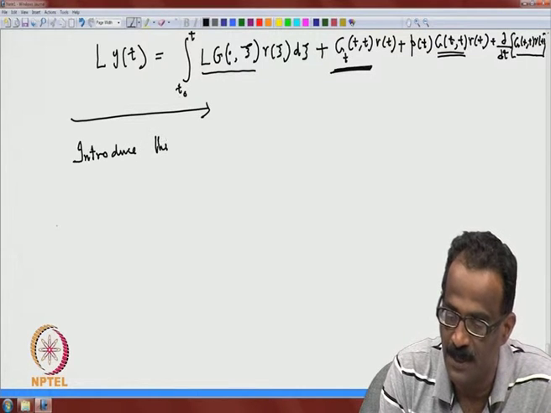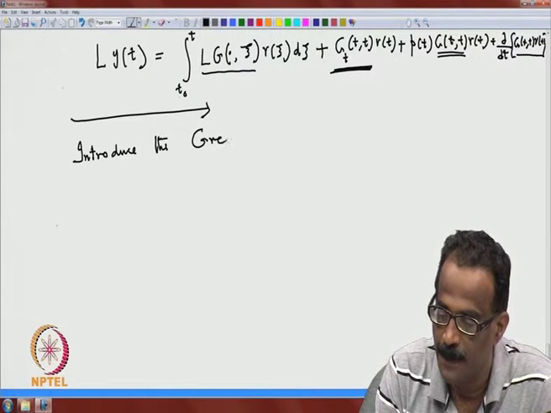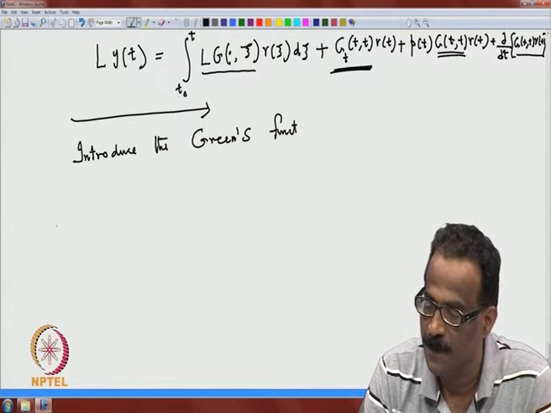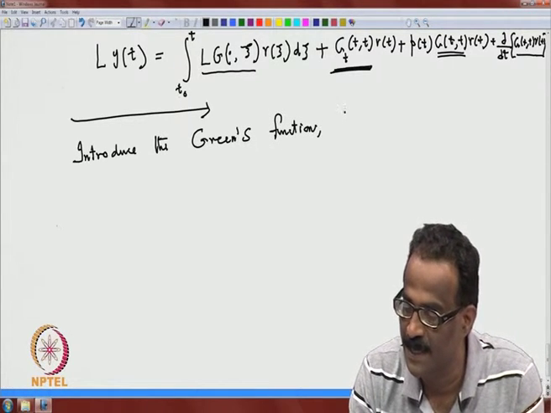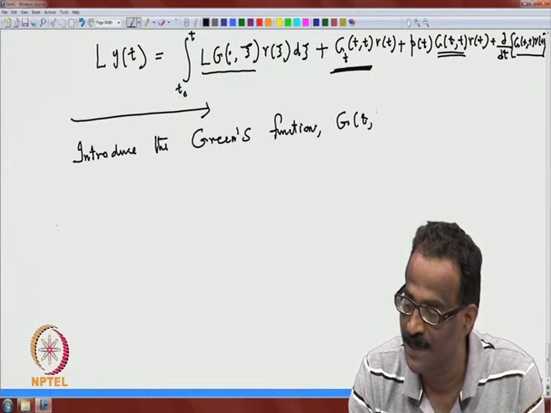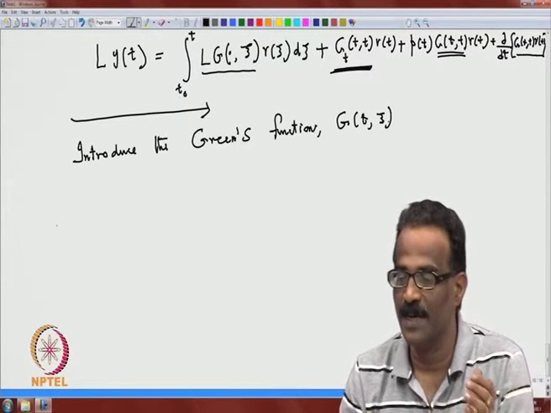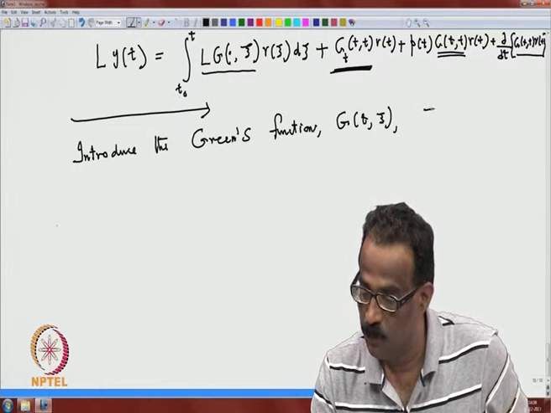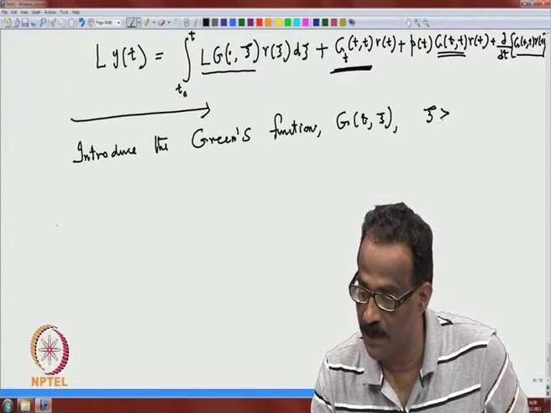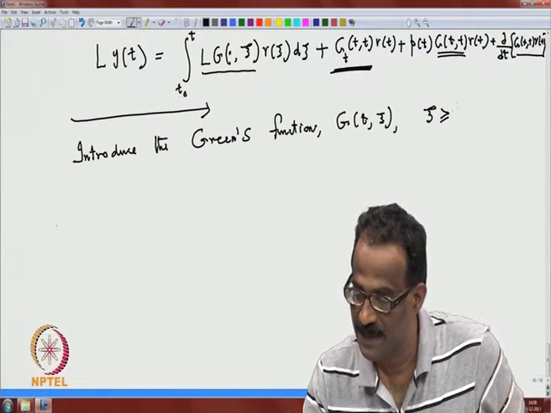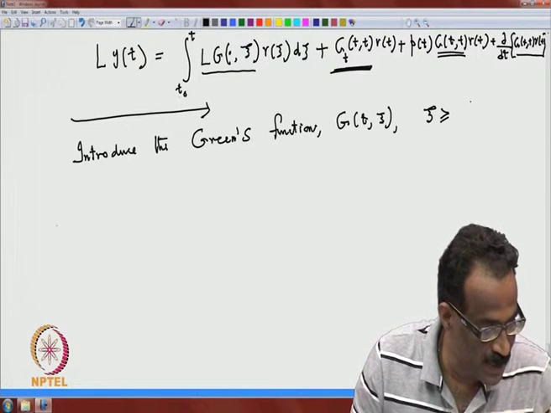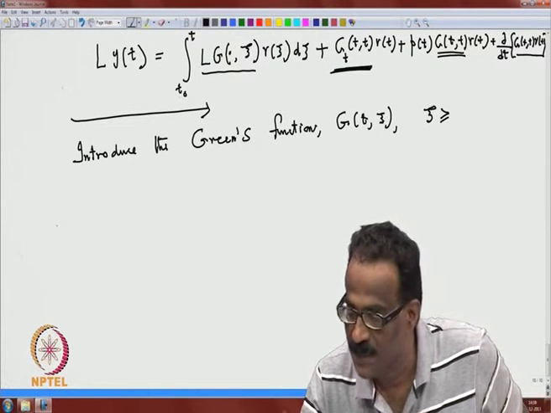So, first to introduce the Green's function G(t, psi). I introduce this in a very nice, clever way. I introduce G(t, psi) for psi greater than or equal to t naught, for fixed psi.